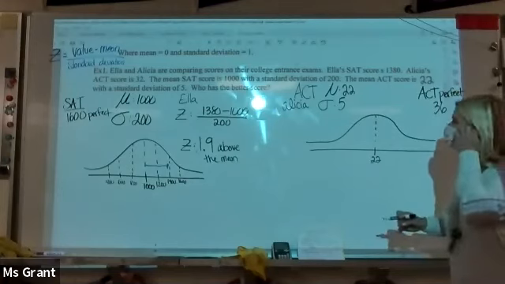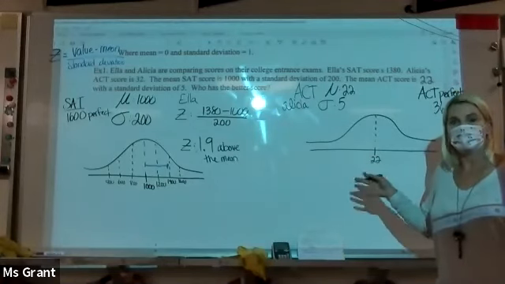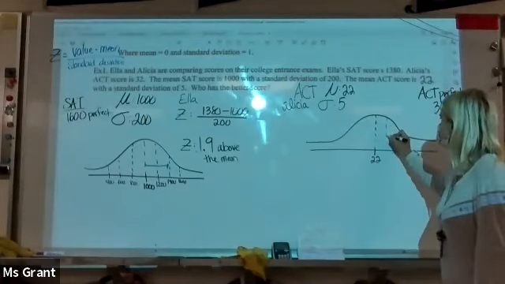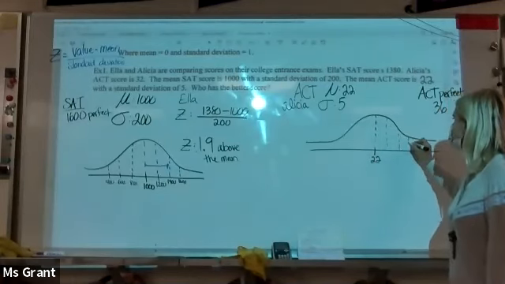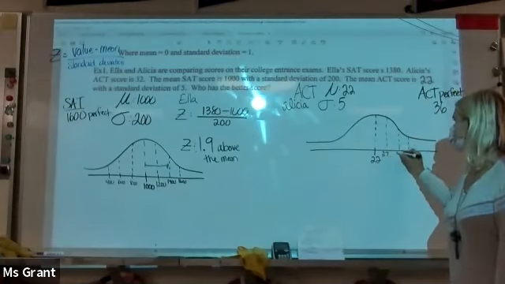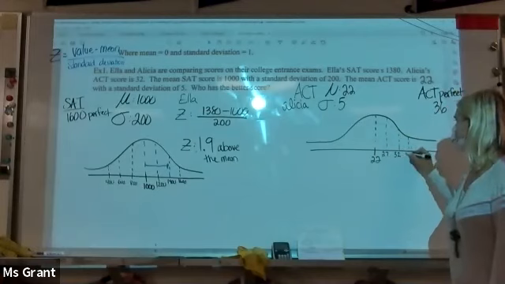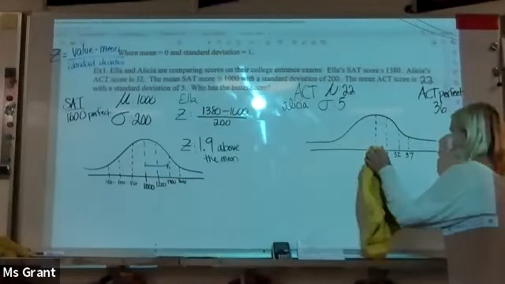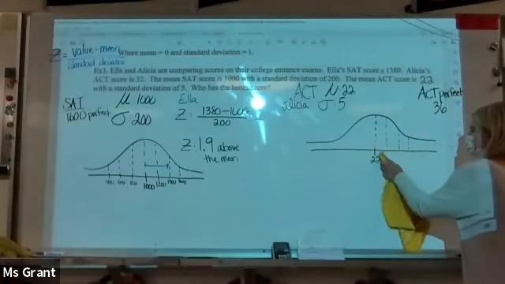So I'm going to go up by 5s. 22 is my middle. I go 3 to the right. 22 plus 5, 27, plus 5, plus 5. It's really small. I don't know if you can even see that.